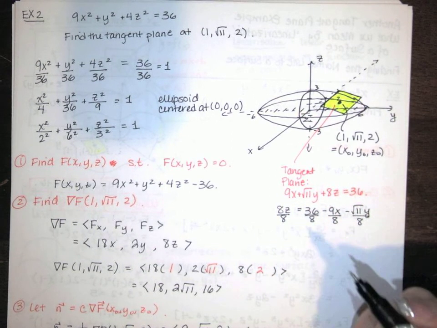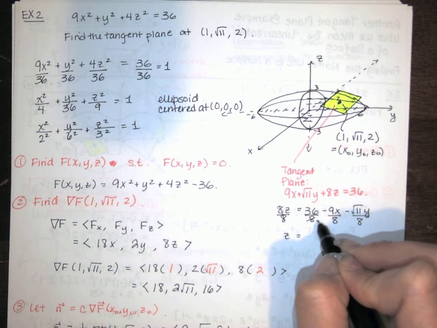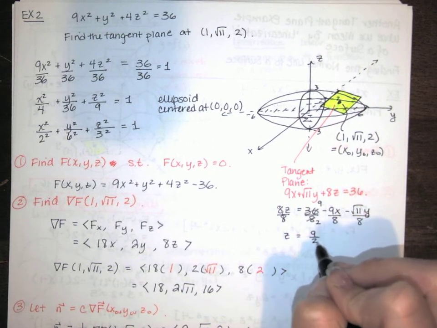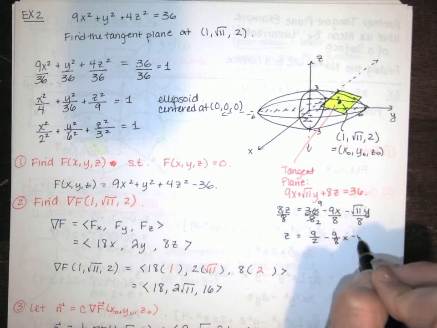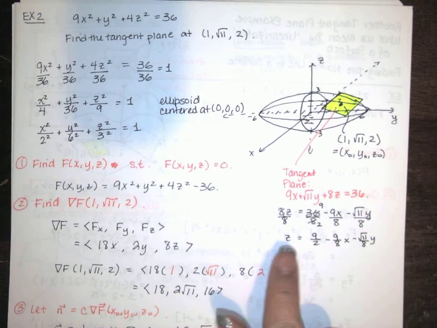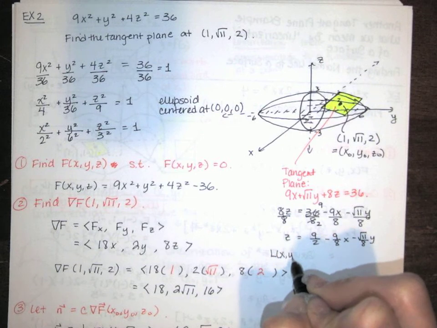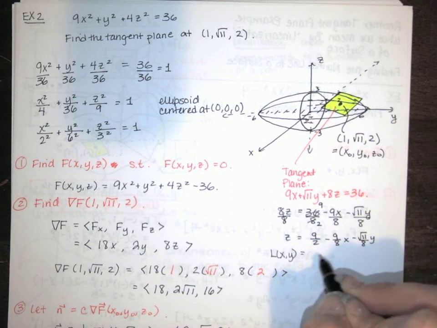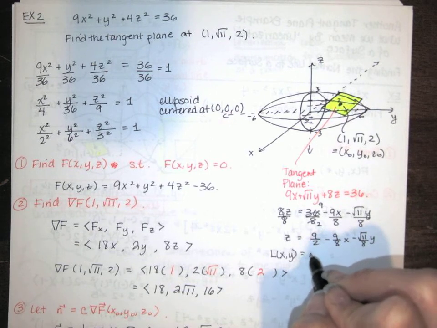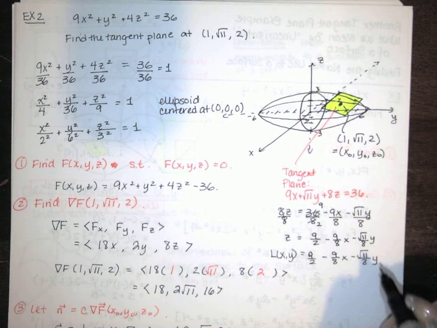And you want to simplify wherever you can. 4 goes into 8 twice. 4 goes into 36 nine times. Now we're using z here, but we don't want to use z because we're saving z for the z in this equation. So we're going to replace z with L of x y. This is a linear approximation to z at this point, 1, square root of 11, 2, the linearization of the surface at that point.